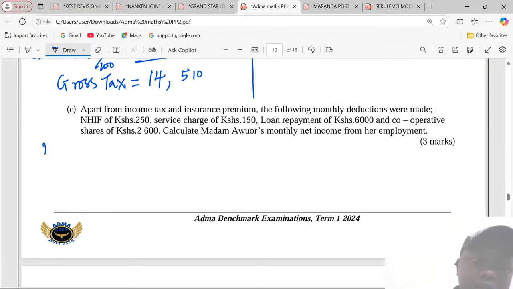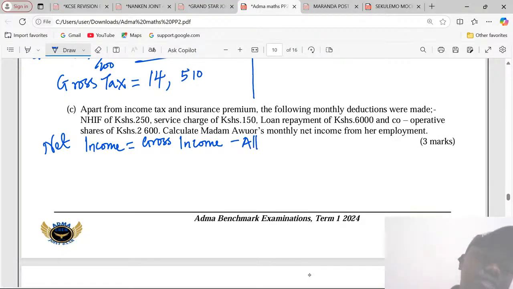How do we get net income? This one is given by gross salary, or gross income, minus all deductions.